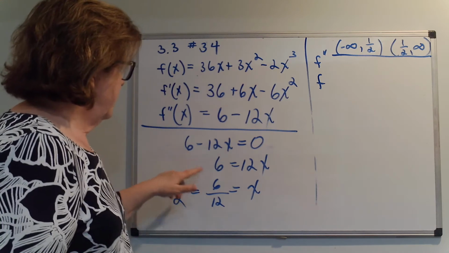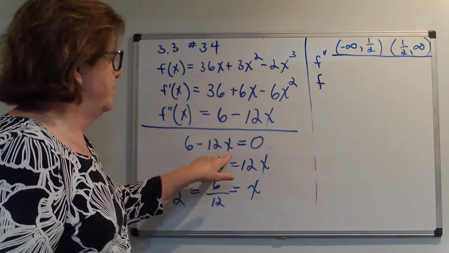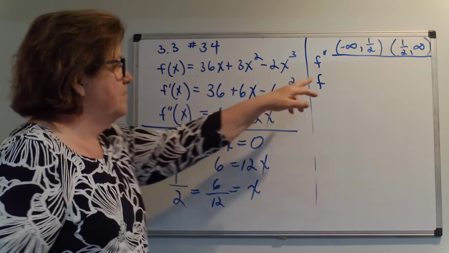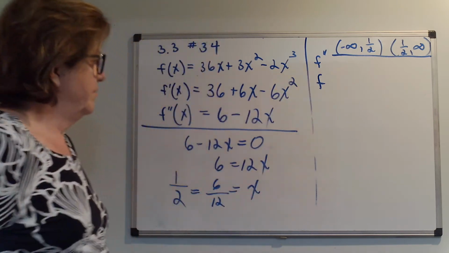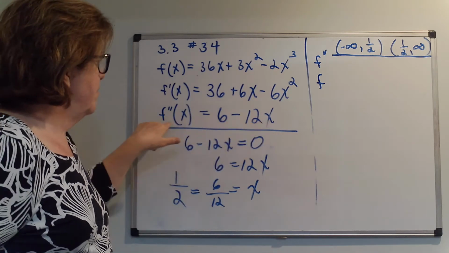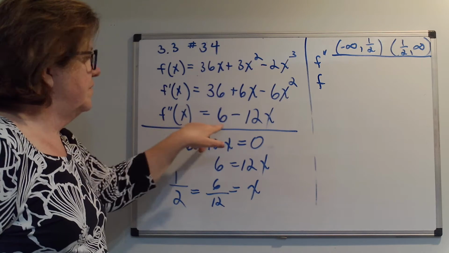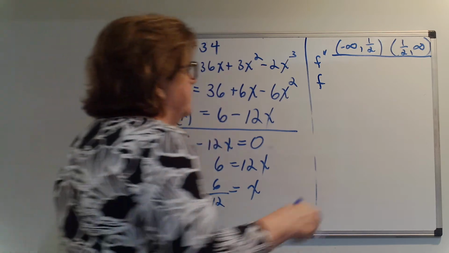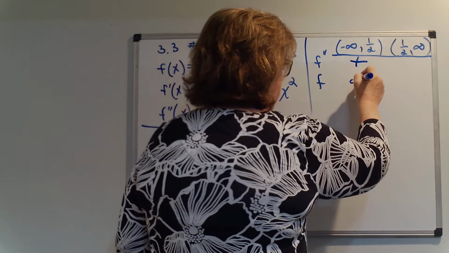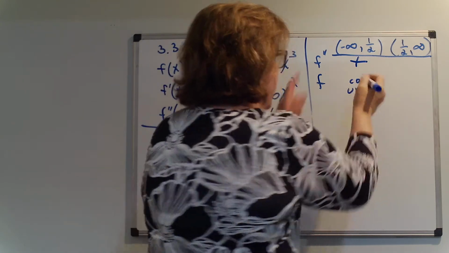Smaller than 1/2, let's say 0. Well then, if x is 0, the second derivative would be 6, it'd be positive. So that means the function is concave up on that interval.